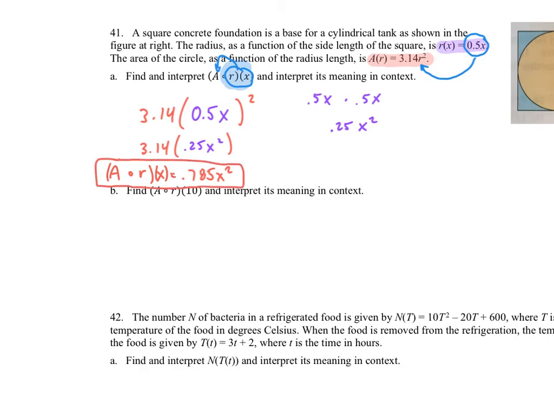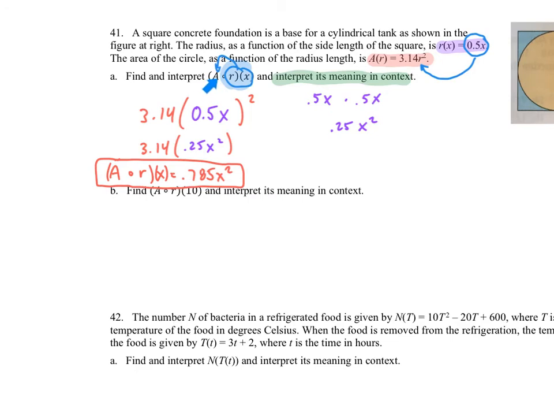It says now interpret its meaning in context. So this one's hard to talk about, like I said. I'm not used to talking about concrete foundation areas and the area of the bottom of a cylindrical tank. It's not something I'm familiar with or comfortable talking about, so it's harder to describe what this means. But remember that outside letter is what the function gives us. In this case, there's not really an outside, but it's the first letter.